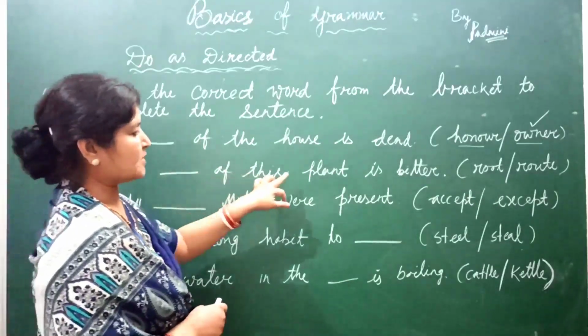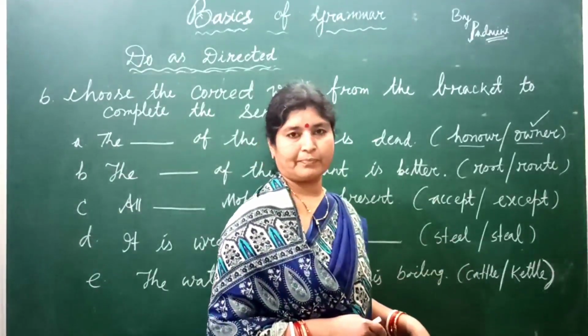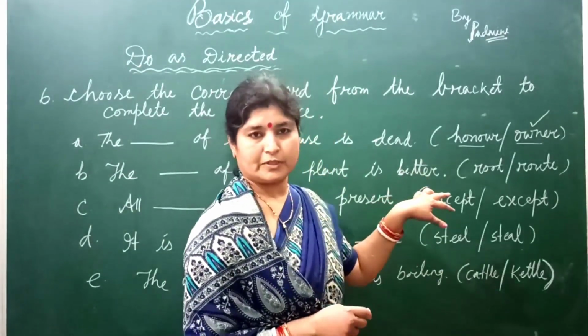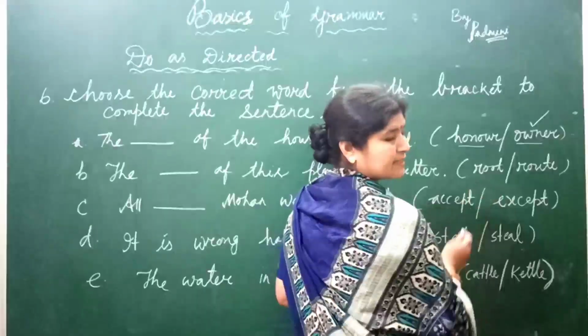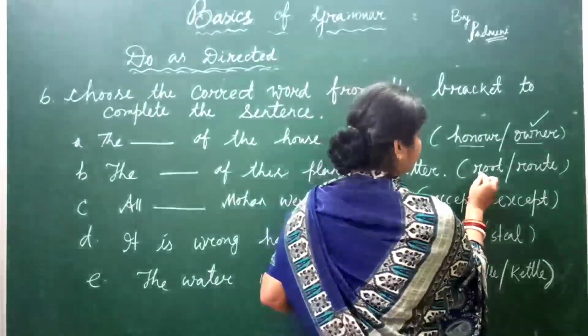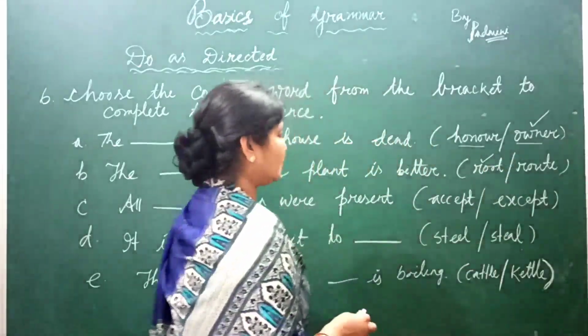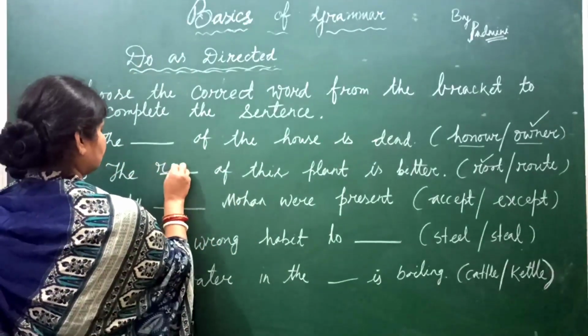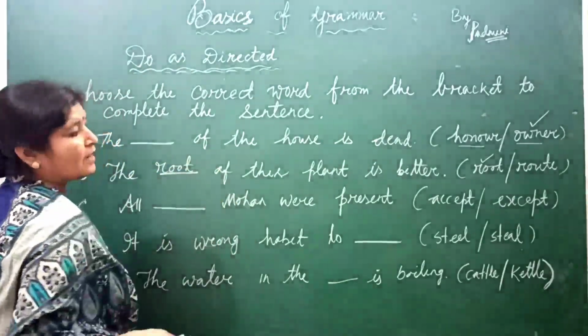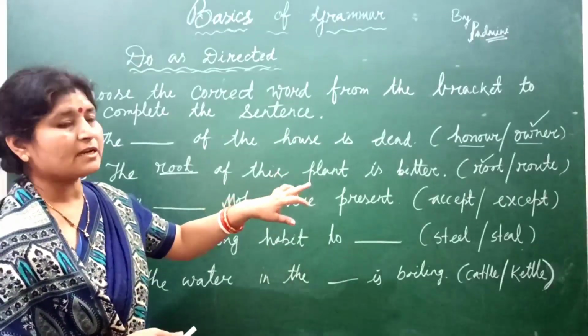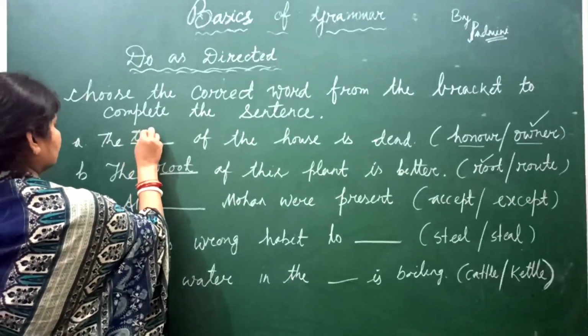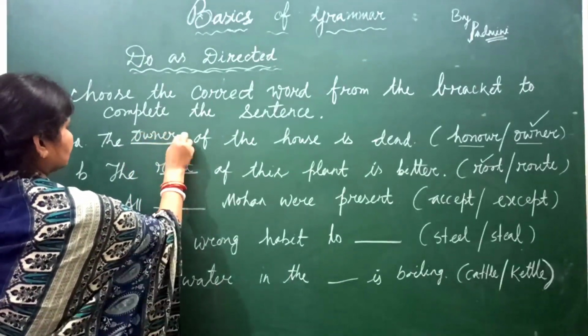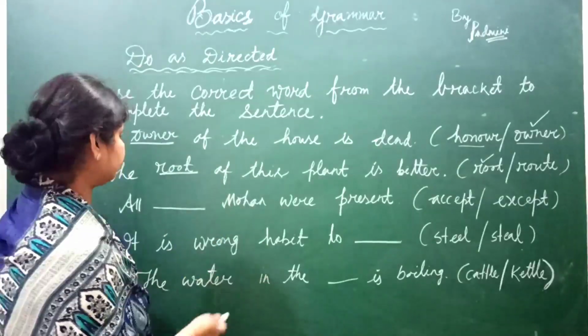The blank of this plant is bitter. So root. Which one is correct here? The root, R-O-O-T. The root of this plant is bitter.